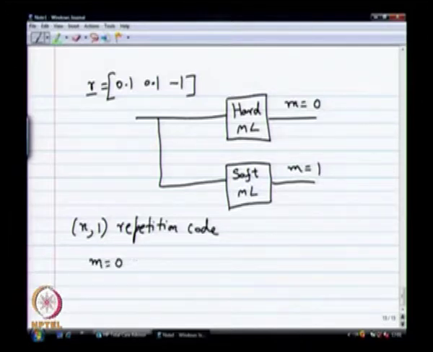M will be 0 if summation over Ri, i equals 1 to n, is greater than 0. Okay. So, you have a very simple ML decoding rule for repetition codes. You add up Ri, i equals 1 to n, if it is greater than 0, you say message was 0, if it is less than 0, you say message was 1. Is that okay?